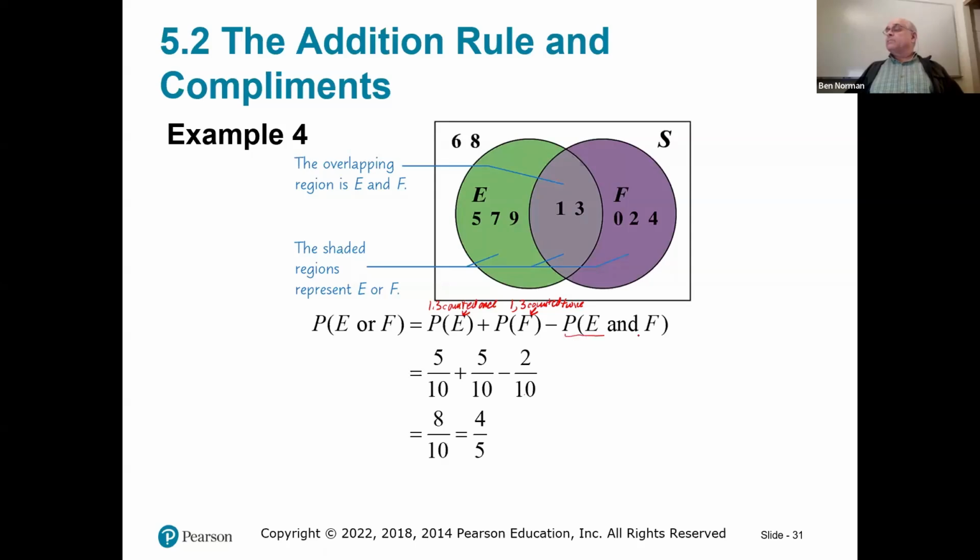And then this part says remove one of the counts of 1 and 3. So they're counted twice, we remove once. So that lowers how many times 1 and 3 are counted. They're only counted once, just like all the other numbers. The 5, the 7, the 9, the 0, the 2, the 4. All of those were counted once. And with this adjustment, we now can say the 1 and the 3 are now counted once as well.